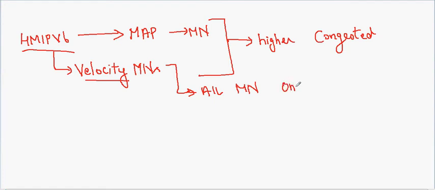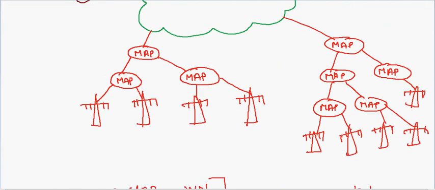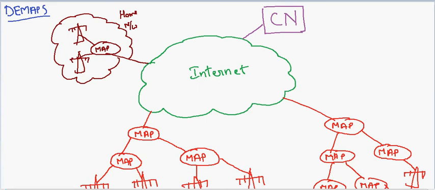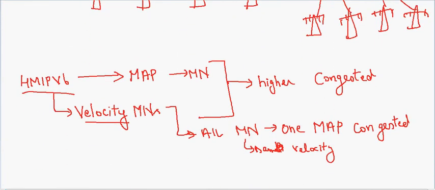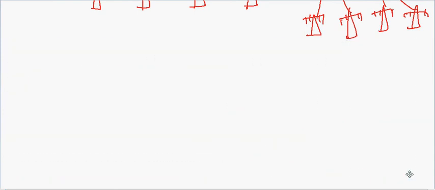So only one mobility anchor point may get congested when all mobile nodes are assigned to it because they have the same velocity. So how does DEMAPS, the technique which I'm going to tell now, solve these problems? Let's see how DEMAPS handles these problems in this video.